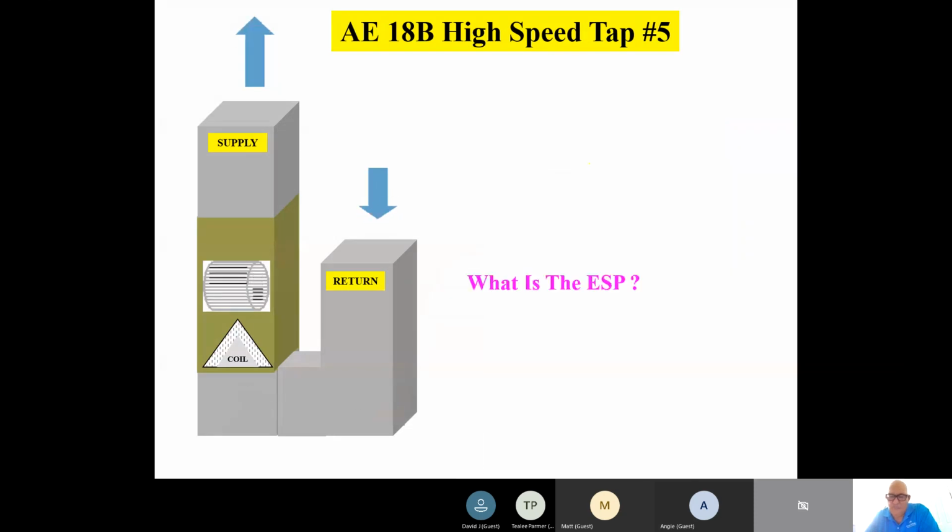So as we add those together, our total static or external static is a 0.50 static pressure. So referring to your AE chart, 18B air handler, we're on the high speed tap number 5, a 0.5 inches of static. What is the CFM off of the chart, please? Anybody? 1023. Okay, good, excellent. 1023.